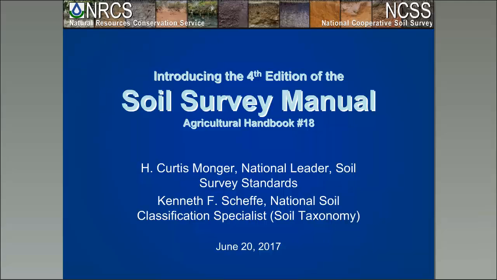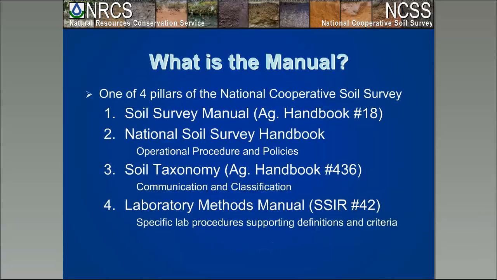So one of the very important pillars of standards in soil survey is the Soil Survey Manual. And it is one of 4 pillars, and it may be the most important pillar. But in addition to the Soil Survey Manual, we have the handbook, which deals more with procedures and policies. We have taxonomy, which provides a language for us to communicate about the types of soils that exist on the landscape.